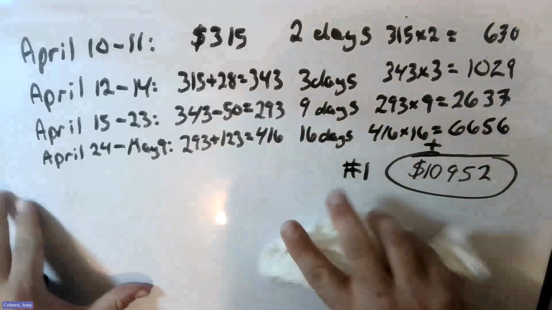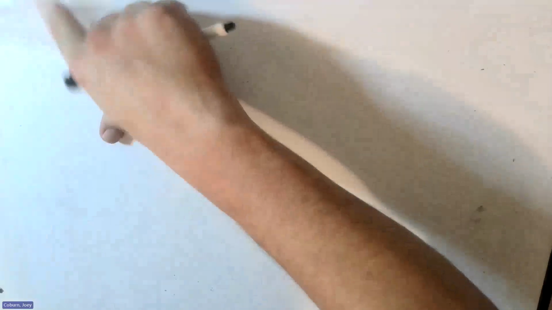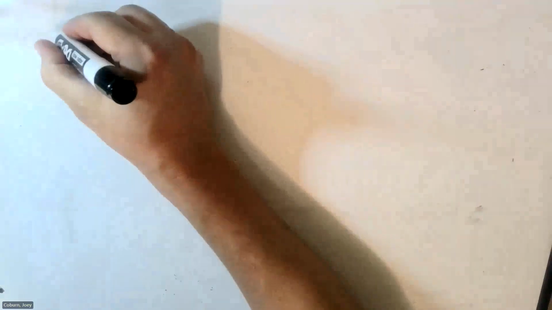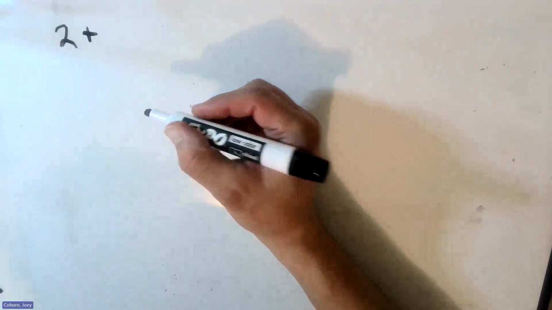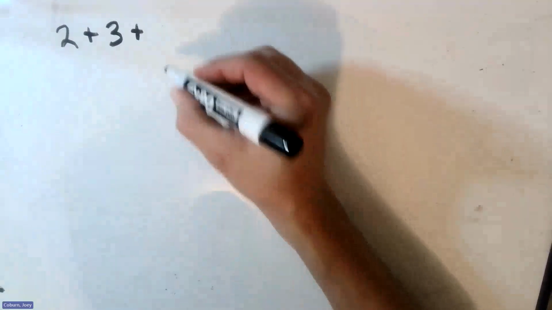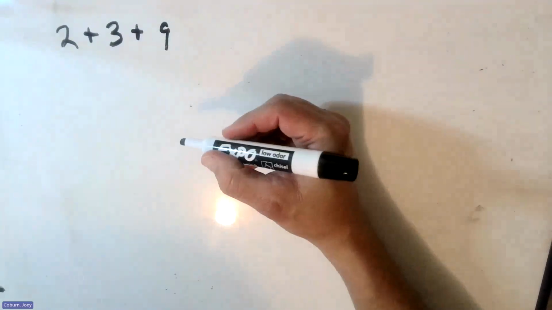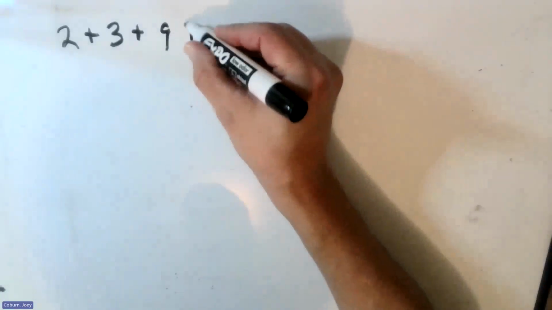Now, step 2 is we add up the total number of days. So we had a balance of 315 for 2 days. I'll write this a little lower. Then a balance of 343 for 3 days. Then a balance of 293 for 9 days.